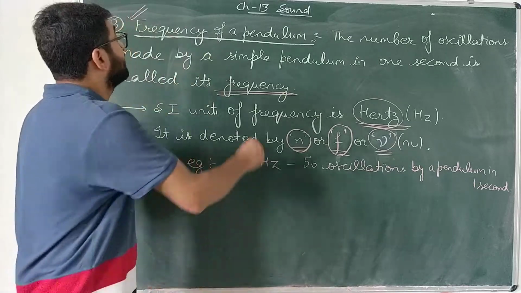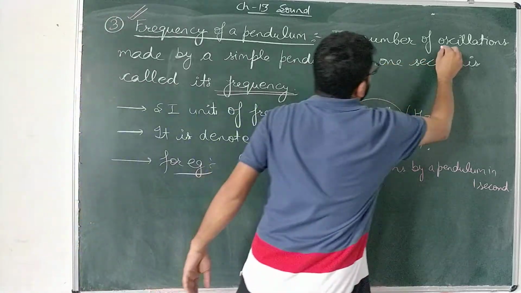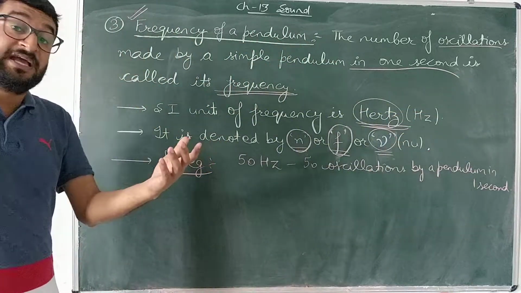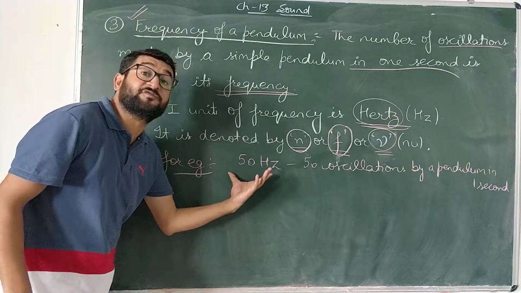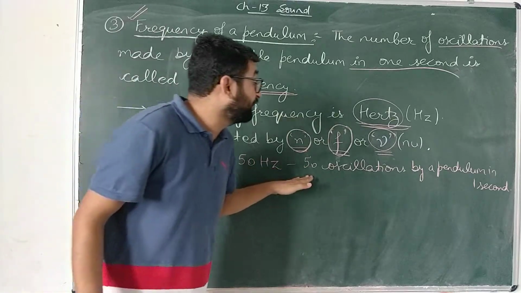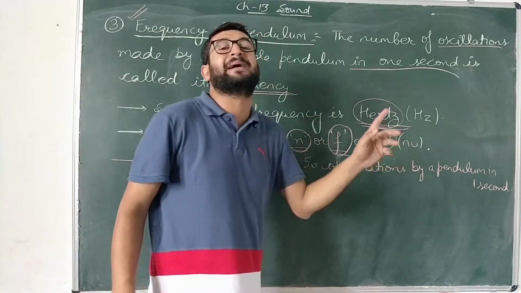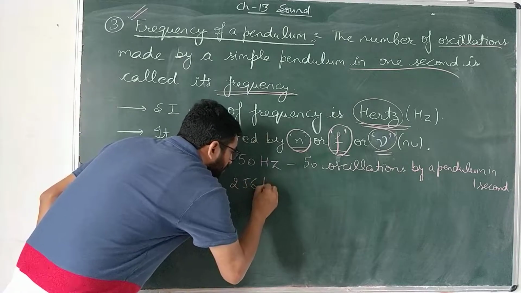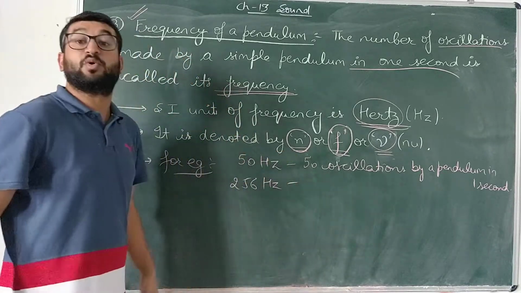Because bache, the number of oscillations in 1 second is known as frequency. And if it is given to us that the frequency is 50 hertz, that means 50 oscillations by a pendulum in 1 second. If the frequency is 256 hertz, what does it mean?